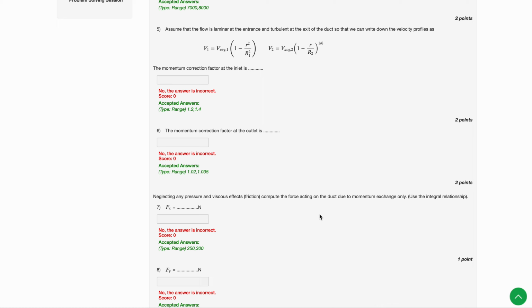So this is the Reynolds transport theorem, or RTT, question number 7, which I discussed in the very first class.